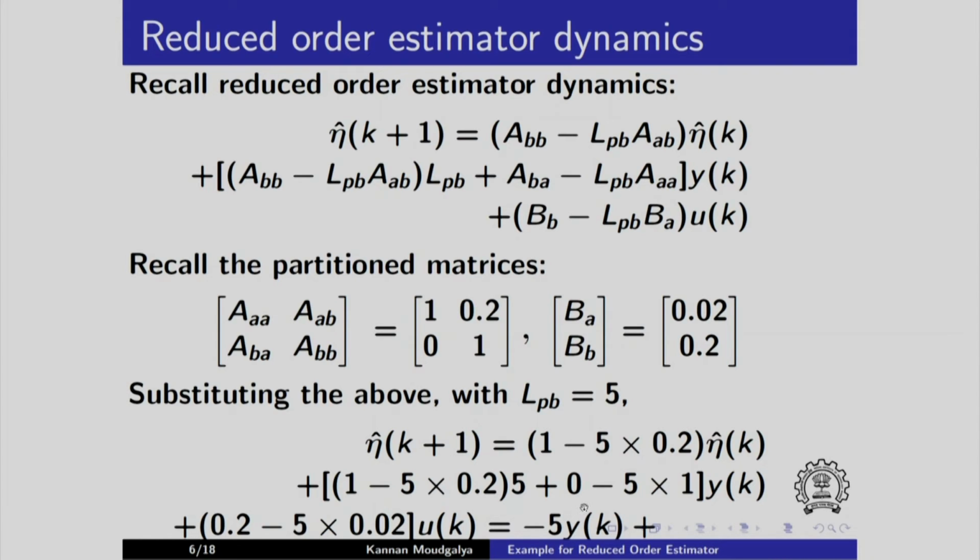And you can see that this whole thing is 5, this becomes 0, this is 0, 5 into 1 is 5, I get this minus 5, plus for this factor I get 0.2 minus this whole thing is 0.1, so 0.2 minus 0.1 is 0.1, I get this expression.